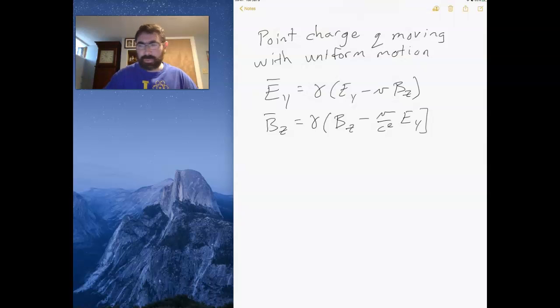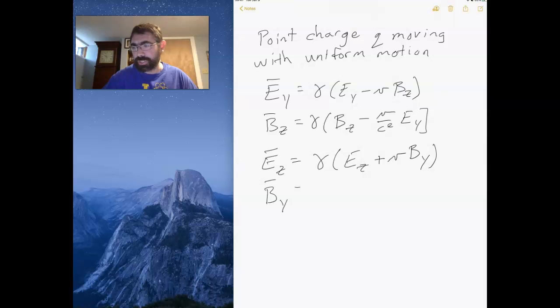So the z component of the electric field measured in S bar is gamma times the electric field in the z direction minus, or in this case plus, v times the magnetic field in the y direction. And the magnetic field in the y direction measured in the S bar frame is gamma times B y plus v over c squared times E z.